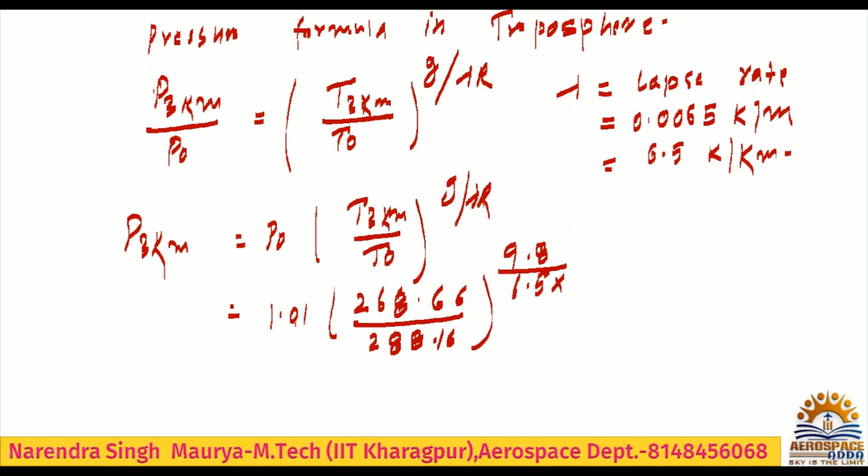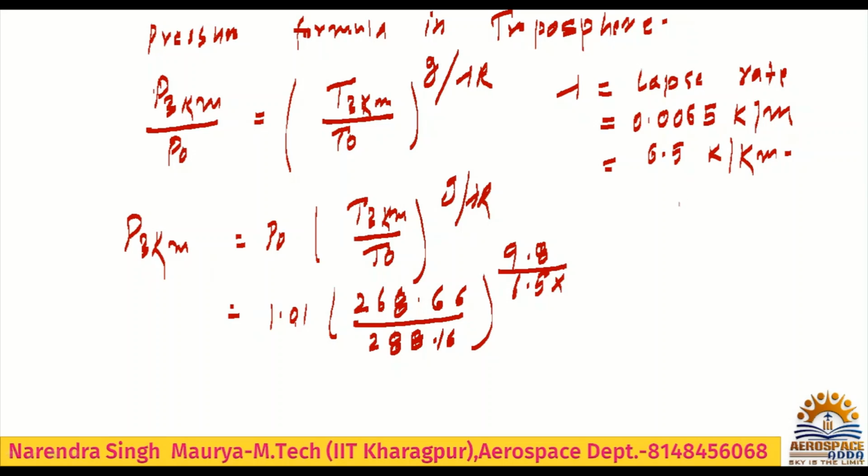Whatever the distance you are writing in terms of meter, the standard unit of lambda needs to be Kelvin per meter, not Kelvin per kilometer.